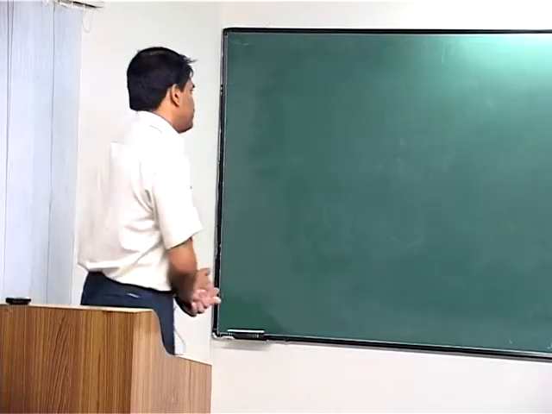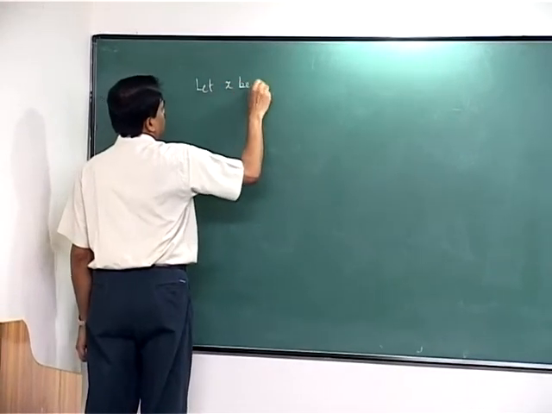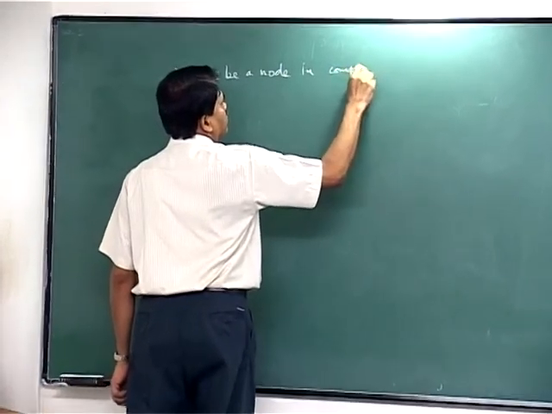Okay. So let X be a node in the compact suffix tree, right?